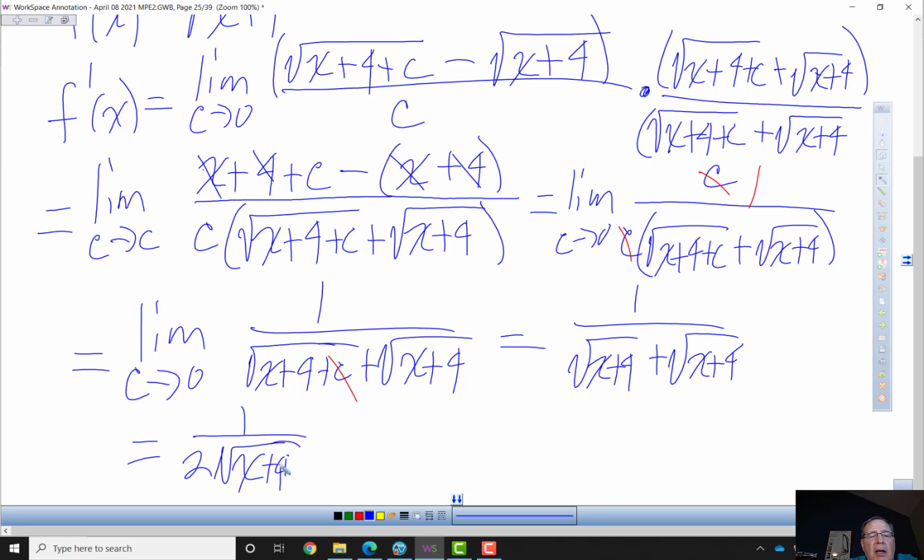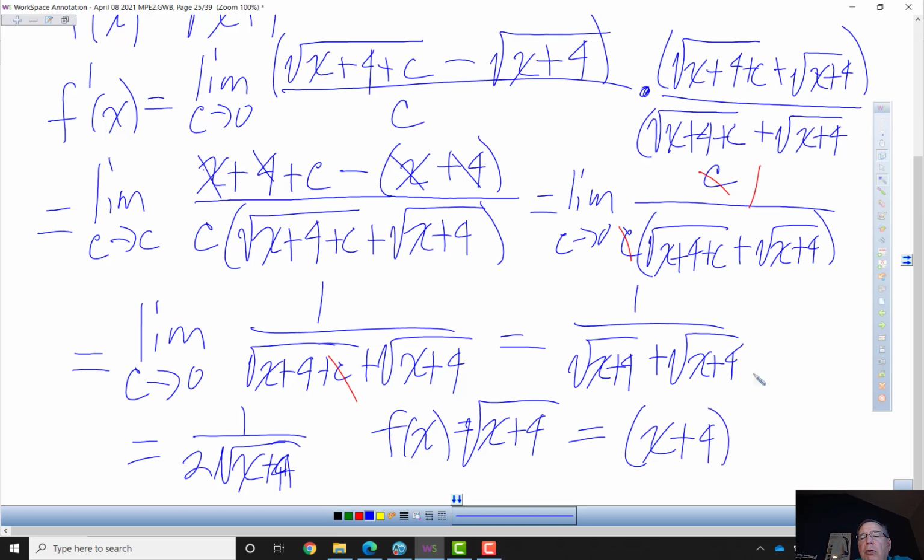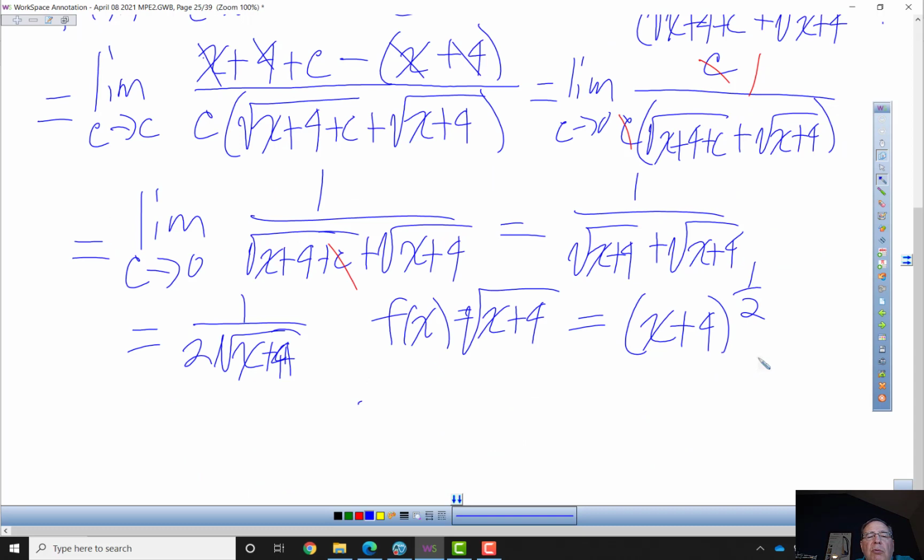And if you've had calculus, our function was the square root of x plus 4, which we could rewrite as x plus 4 to the 1/2 power. And if we use the power rule and the chain rule, my inside function u of x is x plus 4, so the derivative of that by the power rule is just 1.